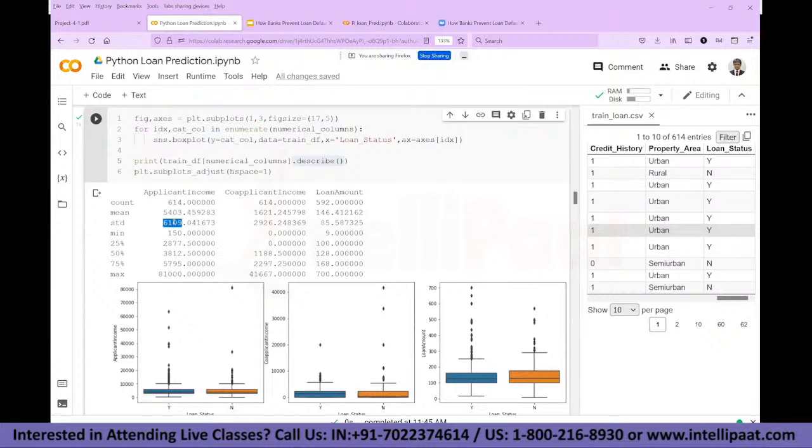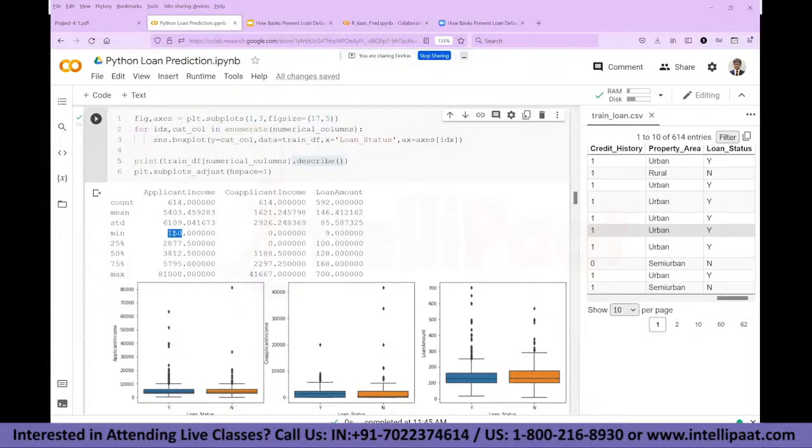Standard deviation is 6109, which means the deviation from the mean, the left extreme and the right extreme from the mean, is plus or minus 6109.